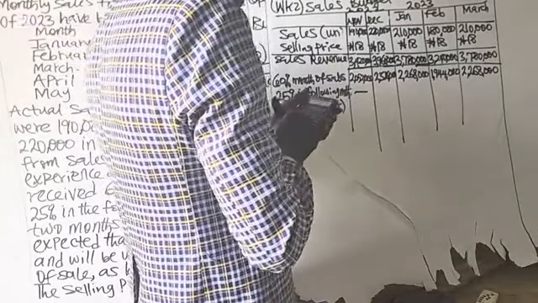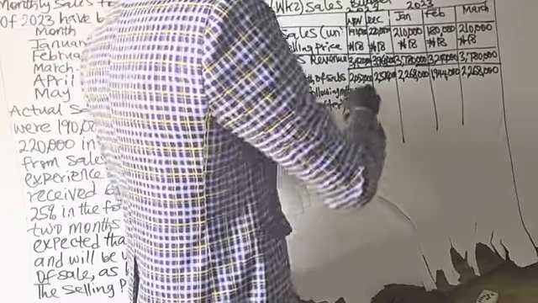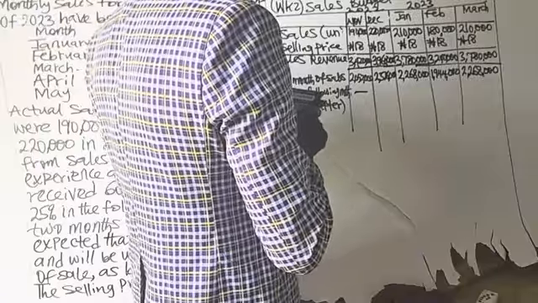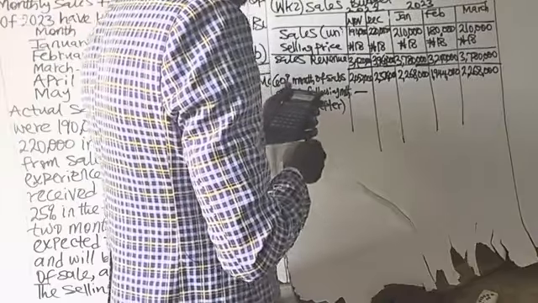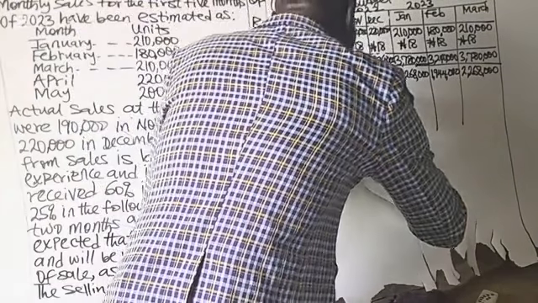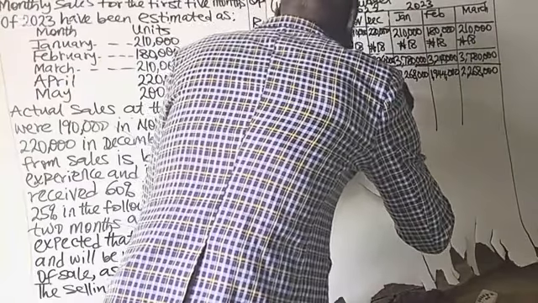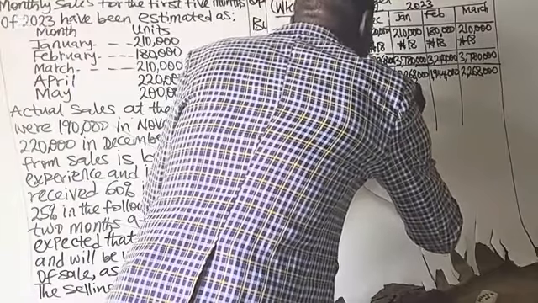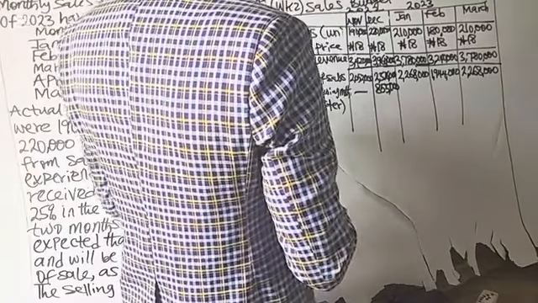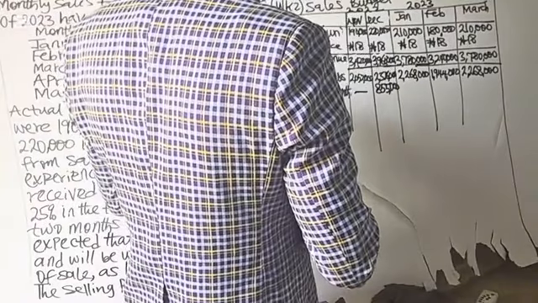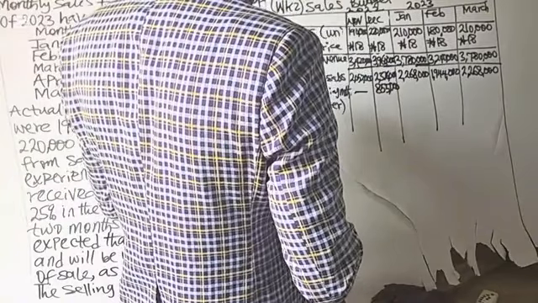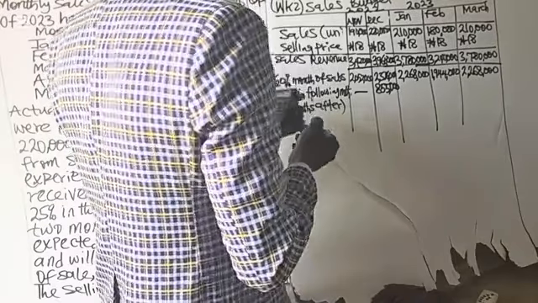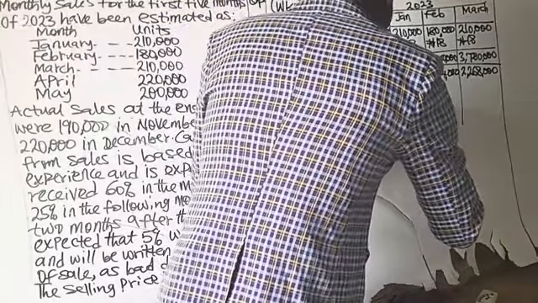The sales made in November is 3,420,000. 25% of that gives us 855,000, which will be received in December, so we put it against December. Then December sales is 3,960,000. 25% of that will be received the following month, January 2023, which is 990,000.